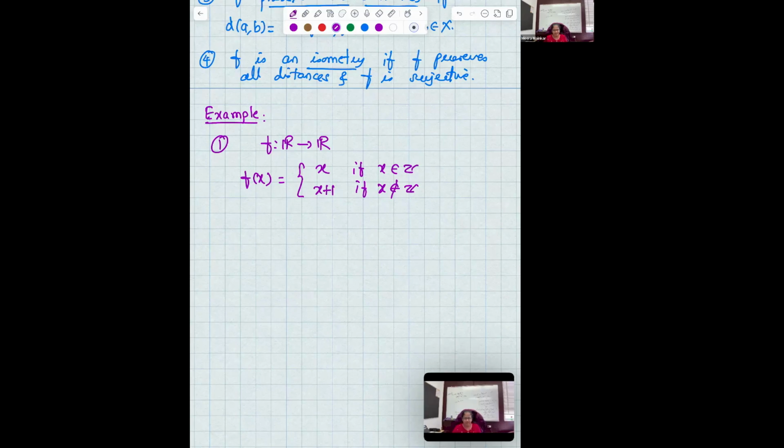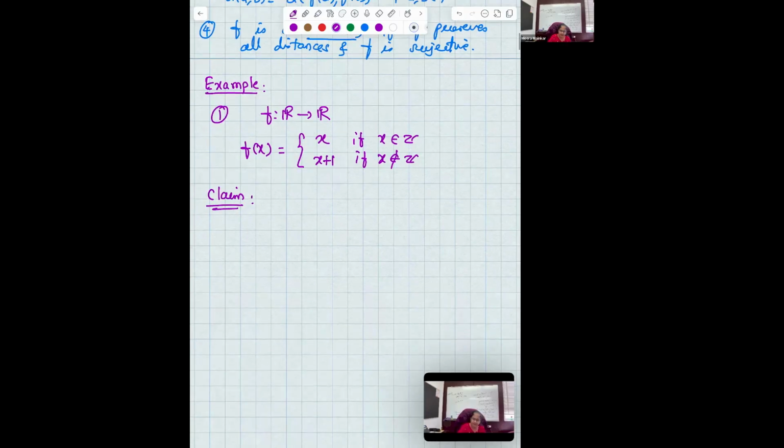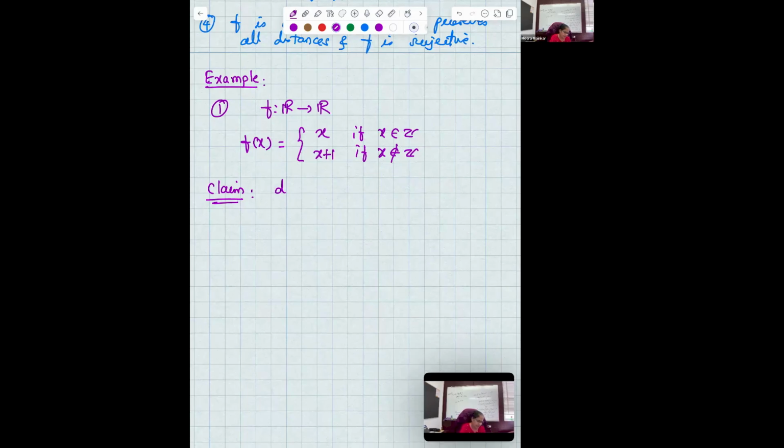Let's see what distances f preserves. I want to claim that the distance 1 is preserved. Let's try to see this really quick.